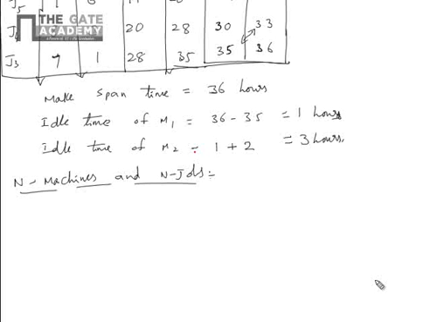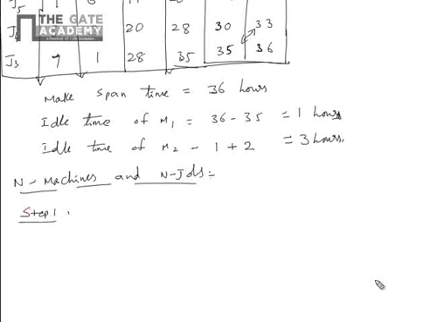If we have n jobs and n machines, we need to convert this into two machines and n jobs. So n machines, n jobs to two machines, n jobs. The problems which we have done are two machines and n jobs, which are simple to solve. So even the problems of more than two machines we have to convert into two machines and n jobs.